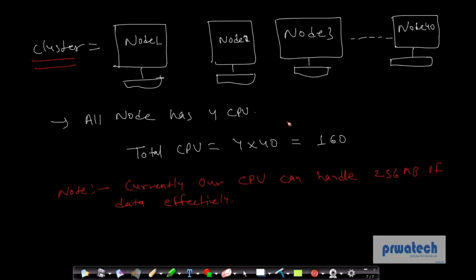To complete your task as early as possible. If you're not able to, I can say your cluster is not designed well. This whole cluster is designed by the administrator who creates the environment.